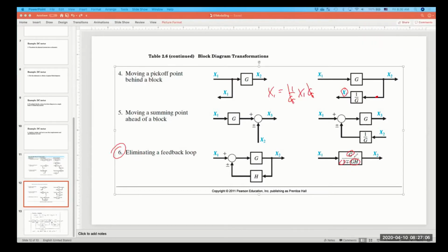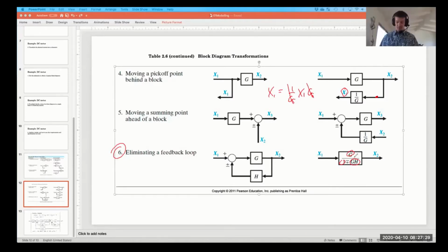I do have a question on number 5. Mm-hmm. I'm trying to understand the equivalence of what the x2 times that feedback block, the 1 over g. Is that multiplying that 1 over g by x2 and it's being added or subtracted by the incoming signal x1?